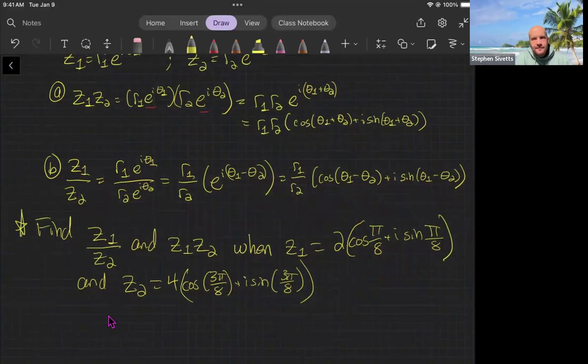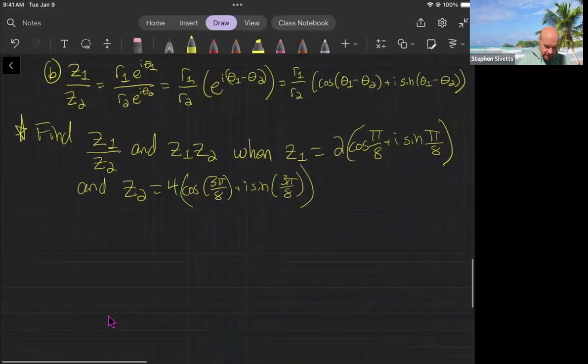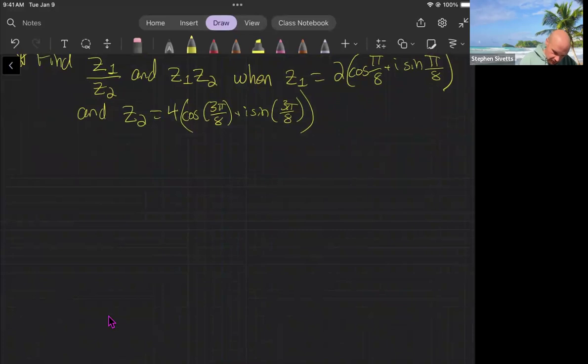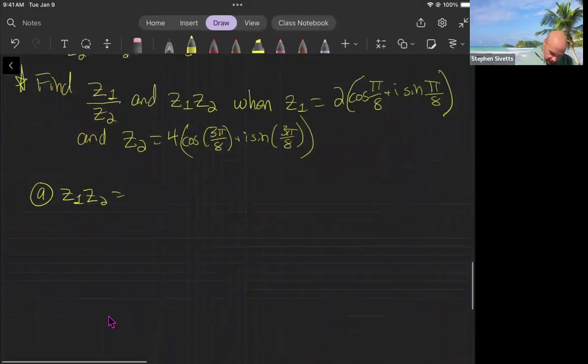All right. Okay, so I assume you worked on it. So let's actually look at what these numbers would look like in polar form. So Z1 times Z2. We have to multiply the radii, right? So 2 times 4, and then add the angles.